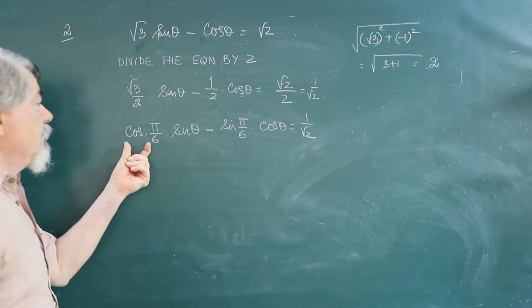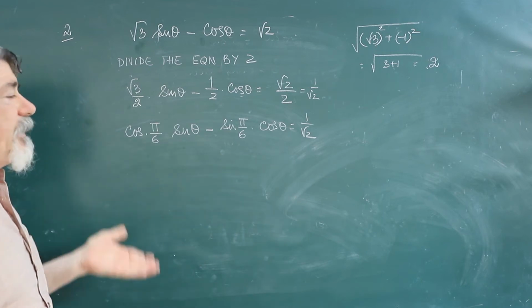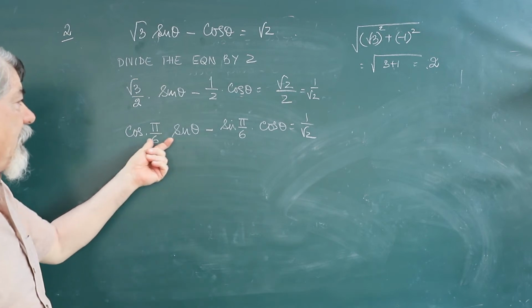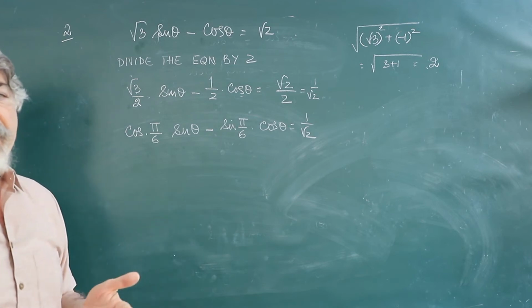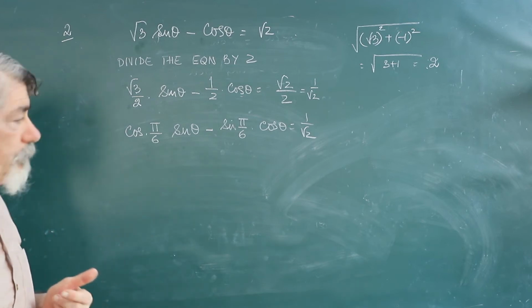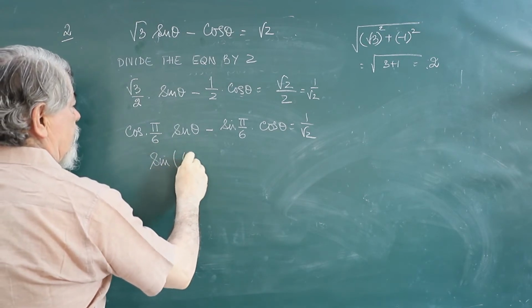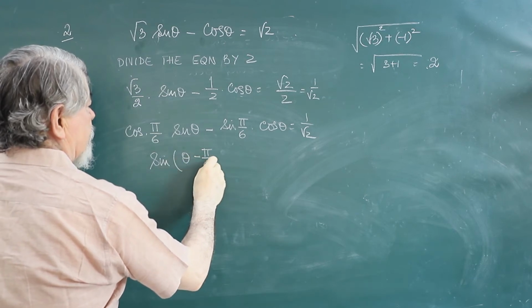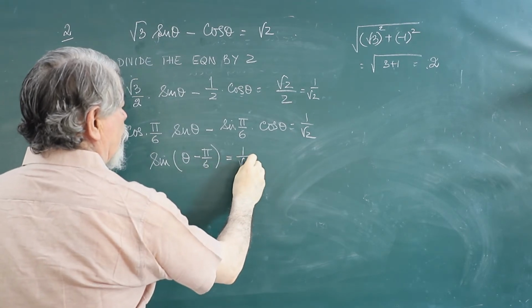Now it becomes sin A cos B minus cos A sin B. So it is sin A minus B. That is sin theta minus pi by 6 is equal to 1 by root 2.